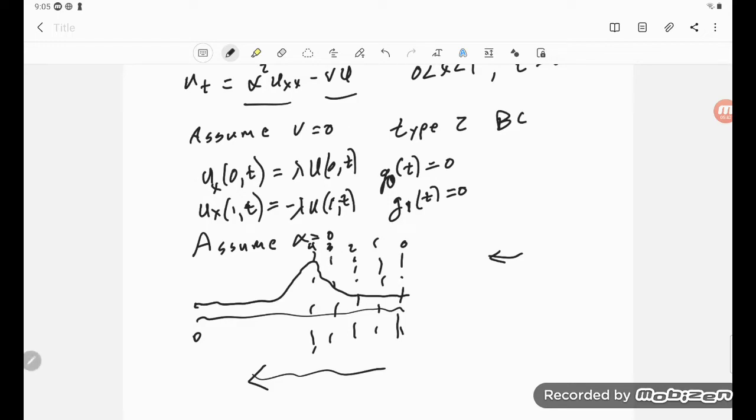So at time 4, really this hump is now centered over the x equals 1 spot.